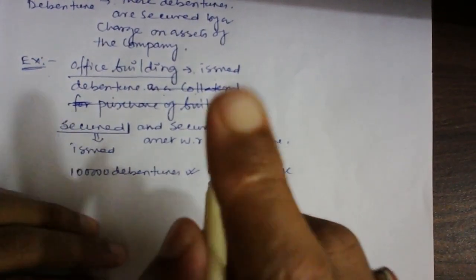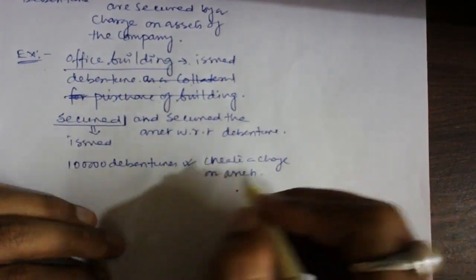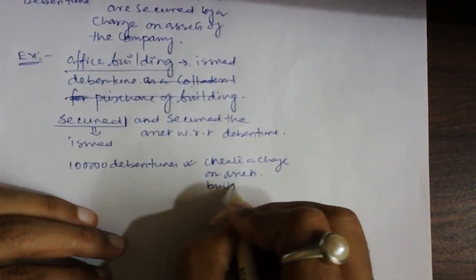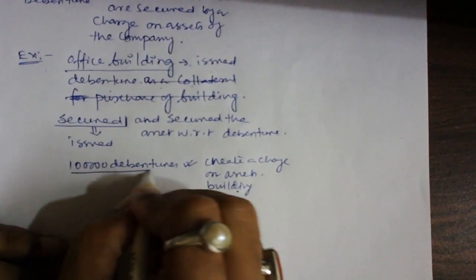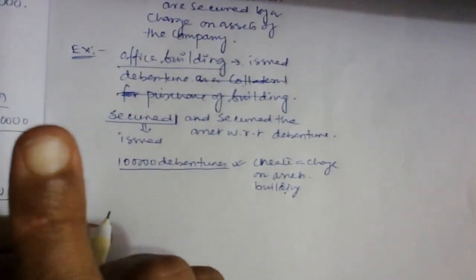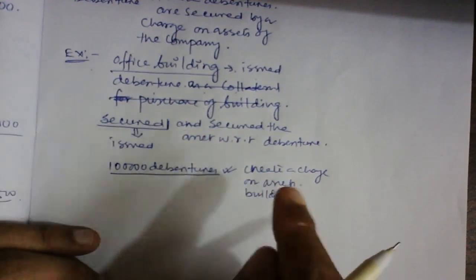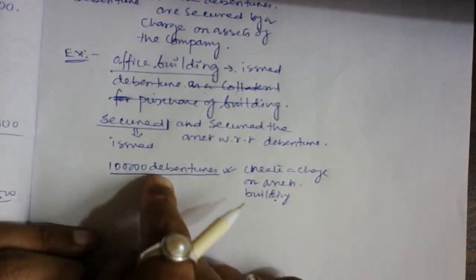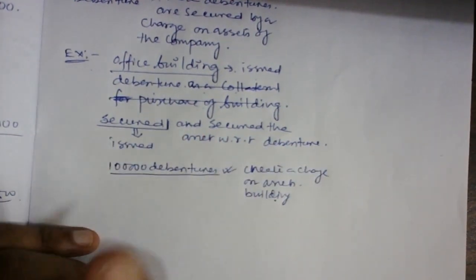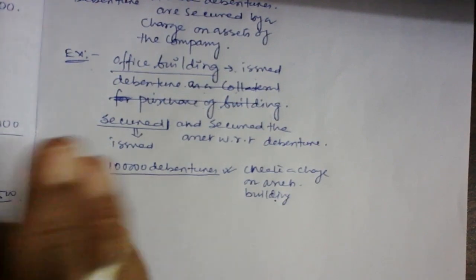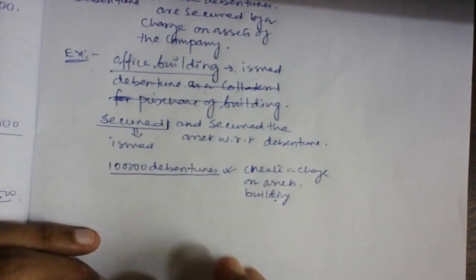Let's say the company puts up its building for securing those debentures. It means if the company becomes insolvent, the company can use this asset to repay the liability of the debenture holders. It means the debenture becomes secured by creating a charge on an asset.